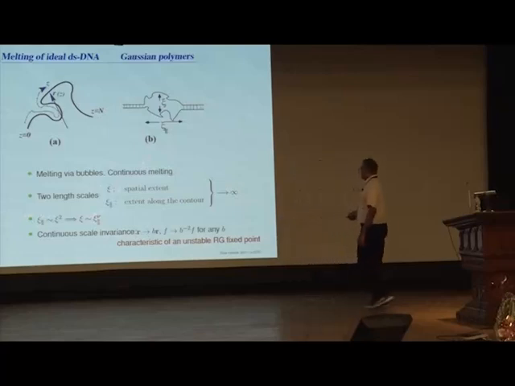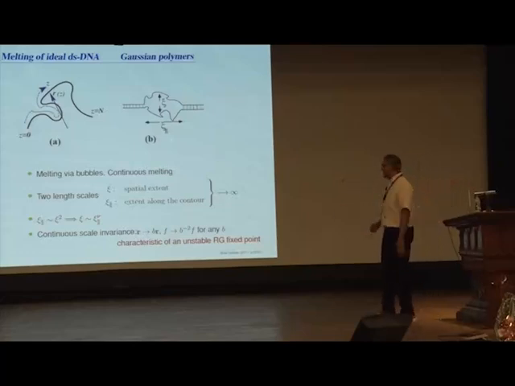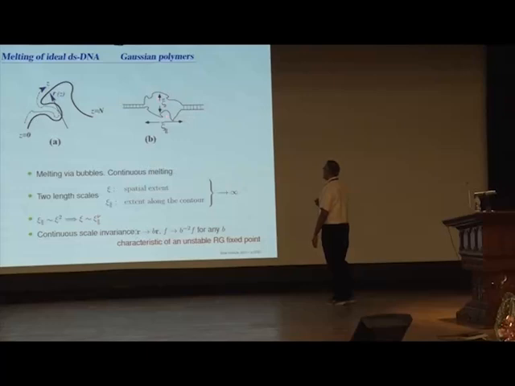As we approach the melting point, T approaches Tc, the size of this bubble starts growing, and therefore Xi goes to infinity, Xi parallel goes to infinity, because all the hydrogen bonds are broken. So the melting transition can be understood by studying this behavior of Xi and Xi parallel as a function of temperature. What is peculiar here is that there is a scale invariance.